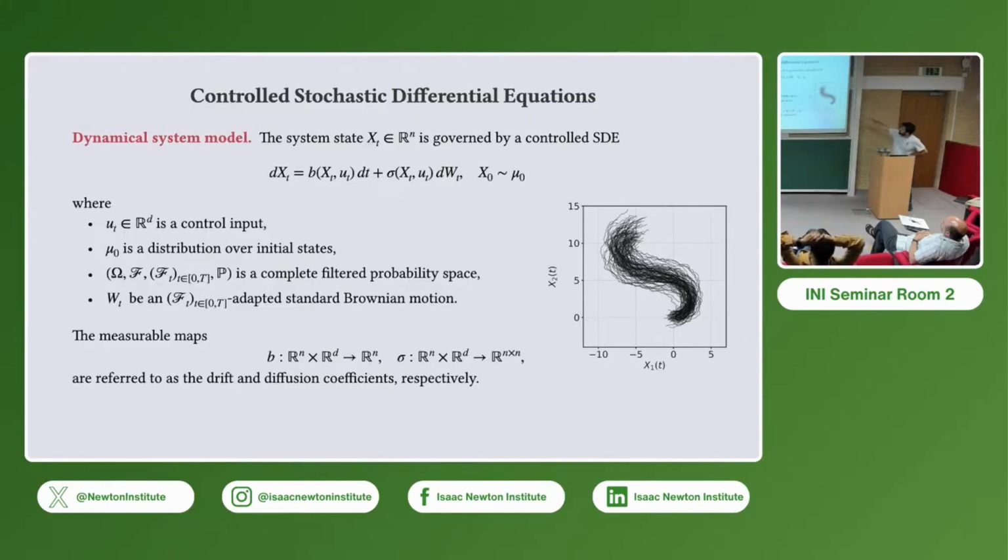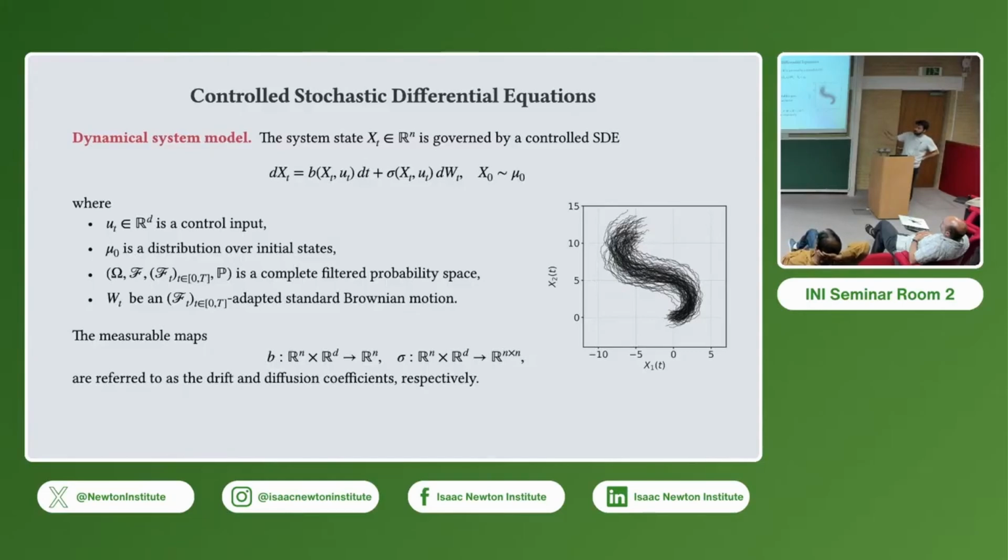For a fixed control, you start from a fixed distribution, which is already a kind of randomness. Then you have a different sample from this distribution, and the noise also adds randomness. And so our goal will be to estimate the maps b and sigma that define this equation.